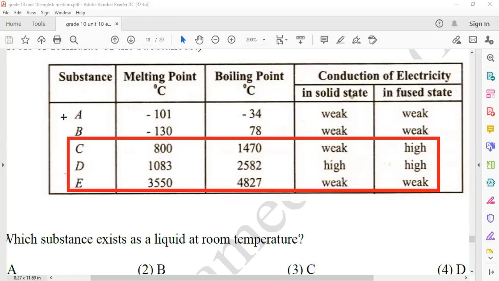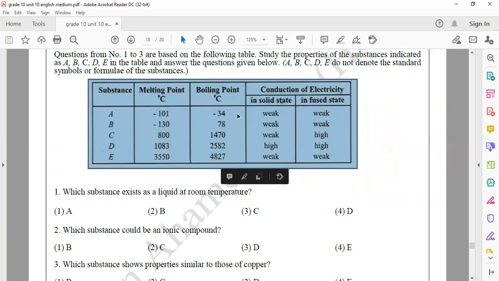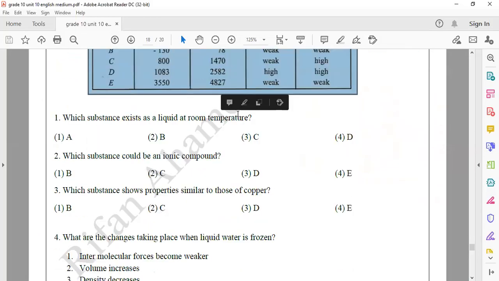Metals conduct electricity in the solid state as well as in the liquid, fused state. Are you clear? Then what is the answer for the third one? D. This is a past paper question for you. Understood? Yes, sir.